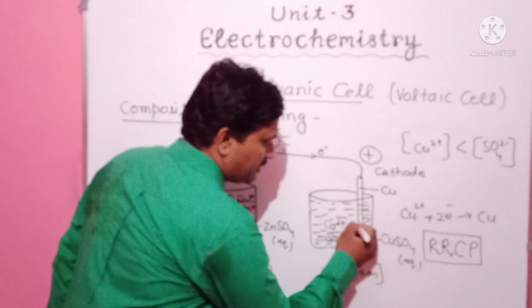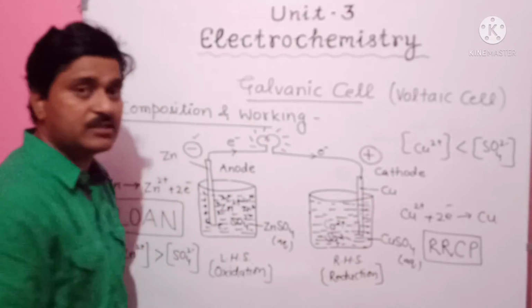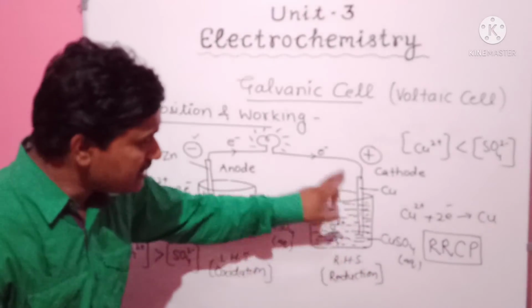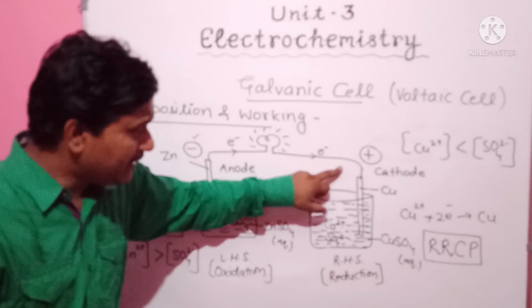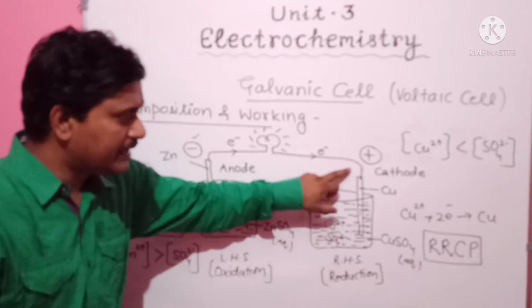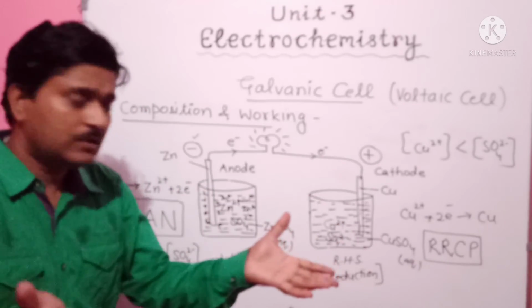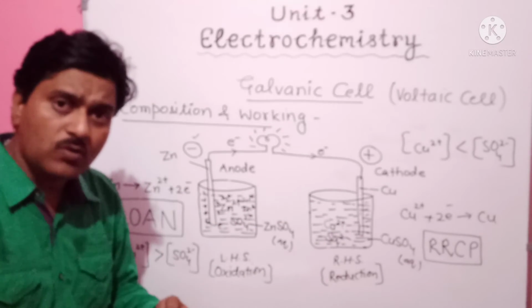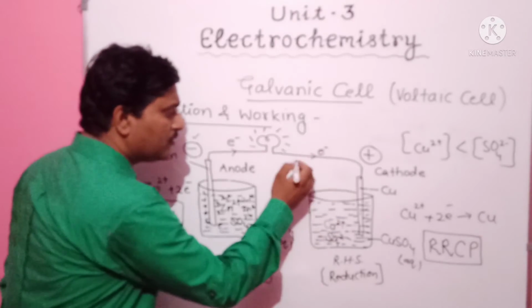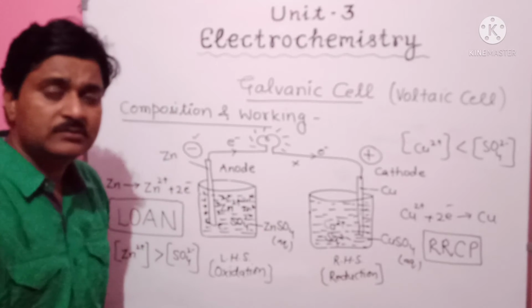Negative charge increases means if electrons are supposed to come here, there is a repulsion. No electron will be allowed to be accepted here. So no current will flow through the wire.